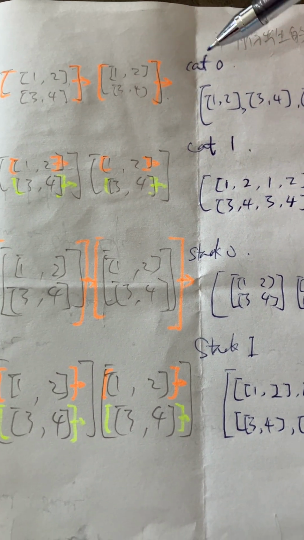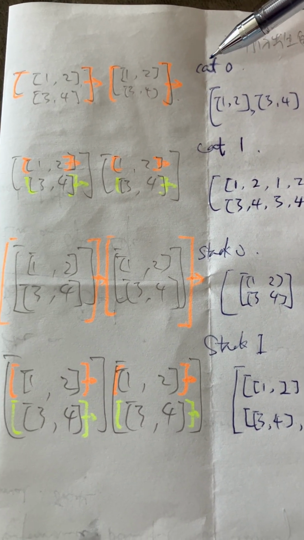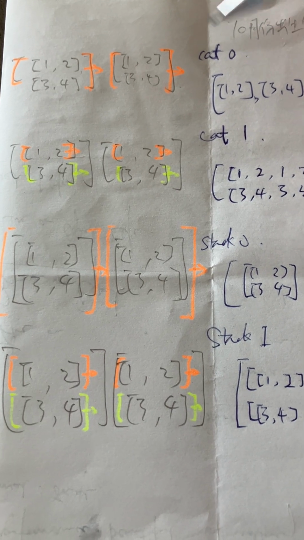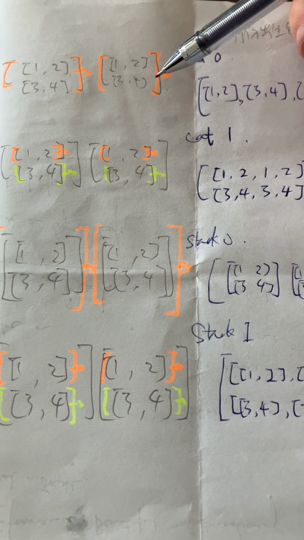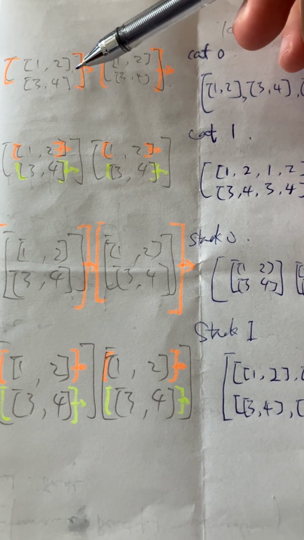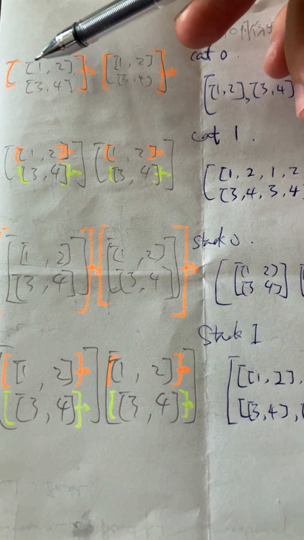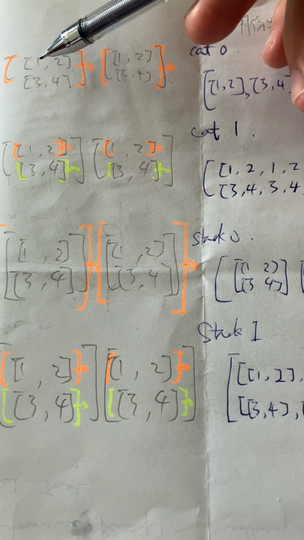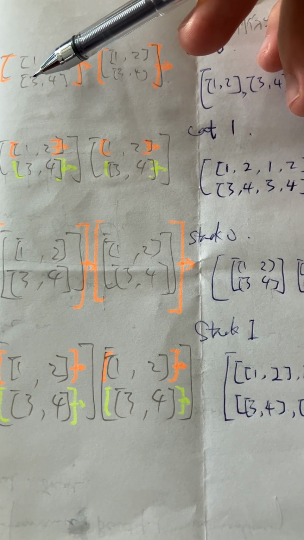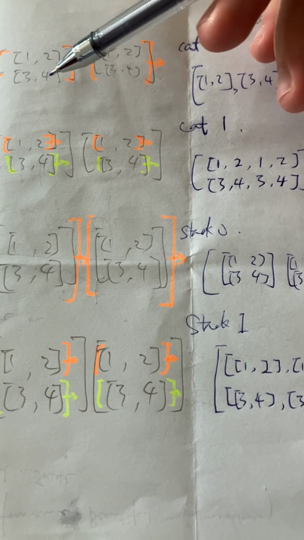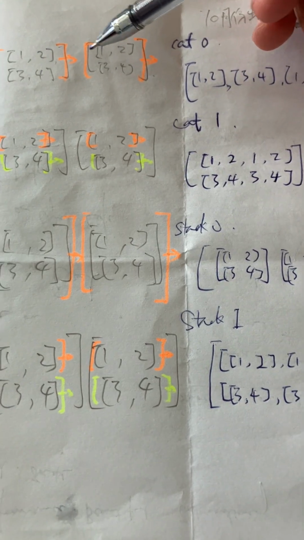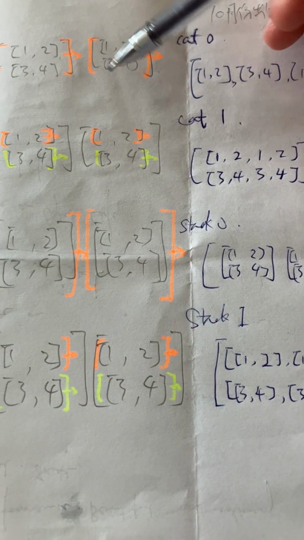Okay, so when we are doing the cat along the 0th dimension, it will be like a train connecting to the other. So the first element of that row would be 1, 2, followed by 3, 4, and then because that is a train, the 3, 4 will be followed by what is inside this train, right?